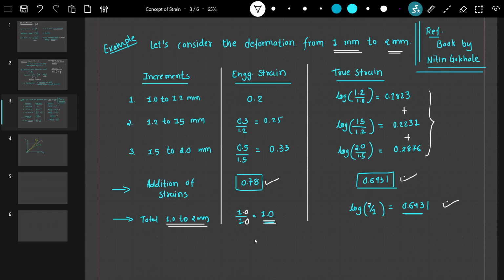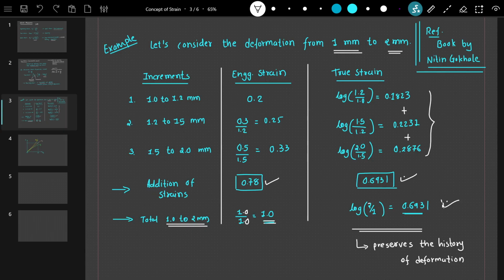From this we can say this strain measure preserves the history of deformation. Whether we take small steps or large steps, or even one big step, we get the same amount of strain.